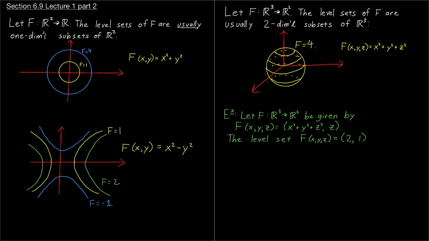Now the first component is going to be the intersection of two surfaces that you're used to. So x squared plus y squared plus z squared equals 2. That is still the sphere.